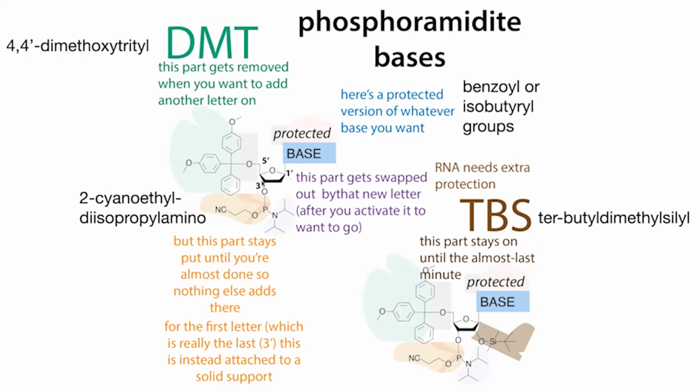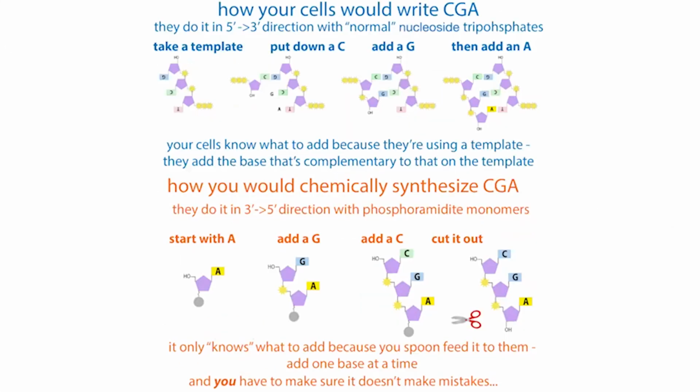One thing you might realize is that we don't see any phosphate groups at this 5' position. Instead, the only place where we see a phosphorus is actually in this 3' position. Because when those bases are getting added, when these letters are getting added, these phosphoramidite monomers, they're actually added not with any phosphate groups on them, but with a free 5' OH instead of a free 3' OH, which is weird because normally in your nucleotides, you would never have a 5' OH.